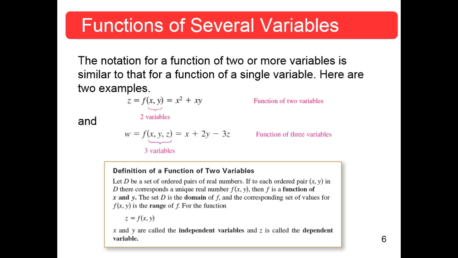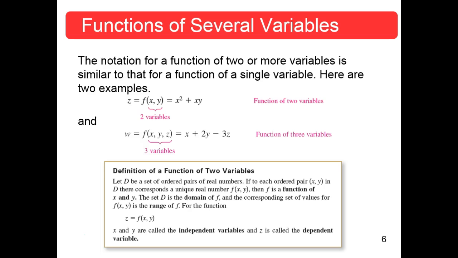So, a definition of a function of 2 variables, and I think what I want to keep saying is independent variables. We've already dealt with some with 2 variables, but these are independent variables. Let D be a set of ordered pairs of real numbers.